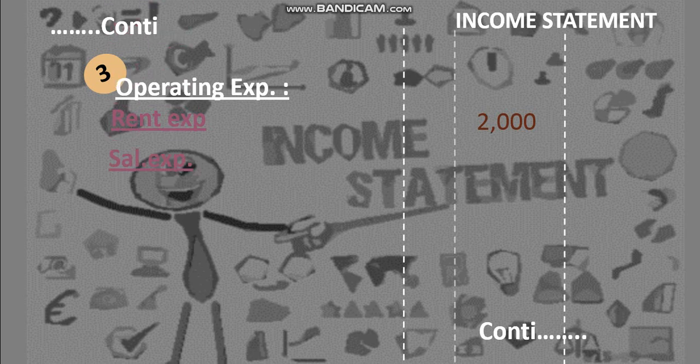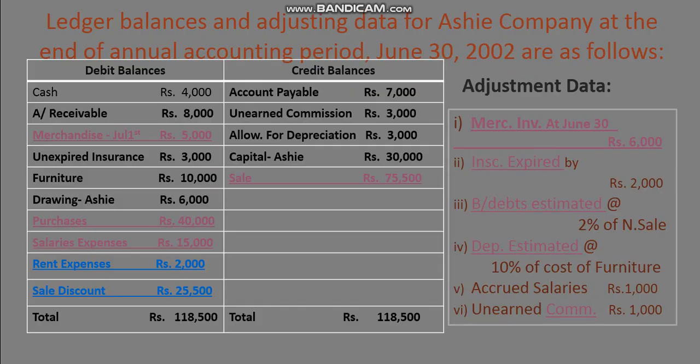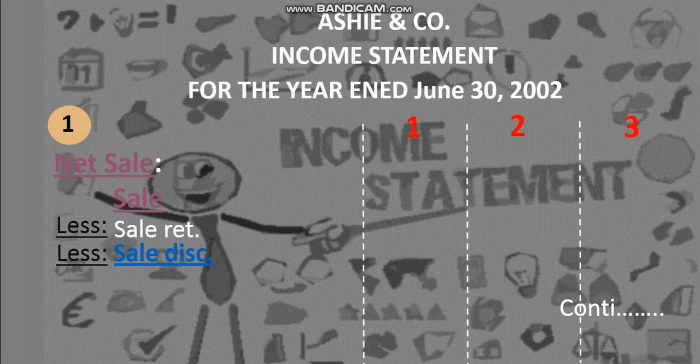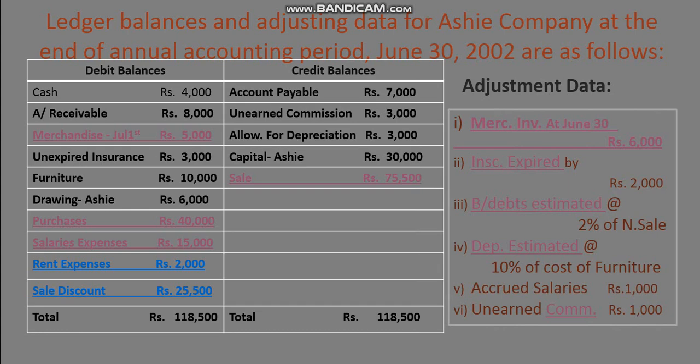Second is salary expense. We can find the salary expense on the debit side of the ledger balance, that is 15,000. In the adjustment data, we have an accrued salary, that is 1,000.